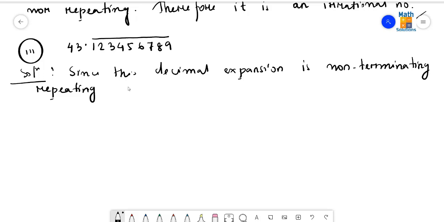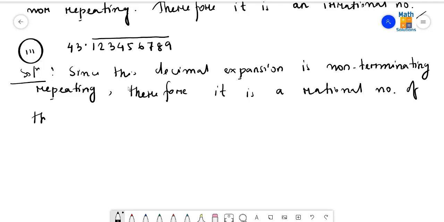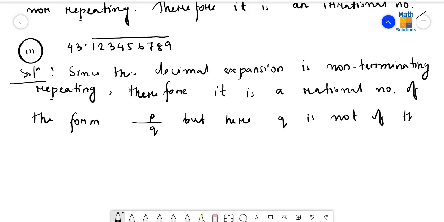So what we had written, since the decimal expansion is non-terminating, repeating, therefore it is a rational number of the form p by q, but here q is not of the form 2 to the power n, 5 to the power m only.